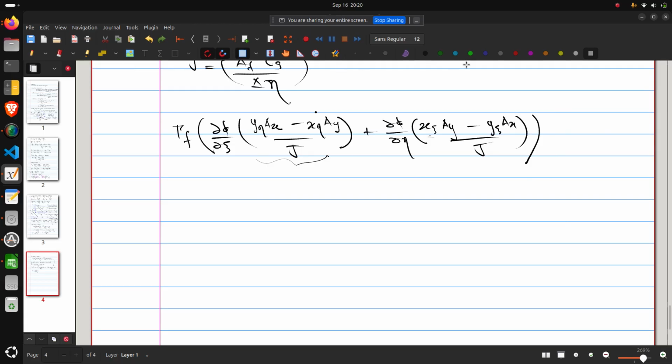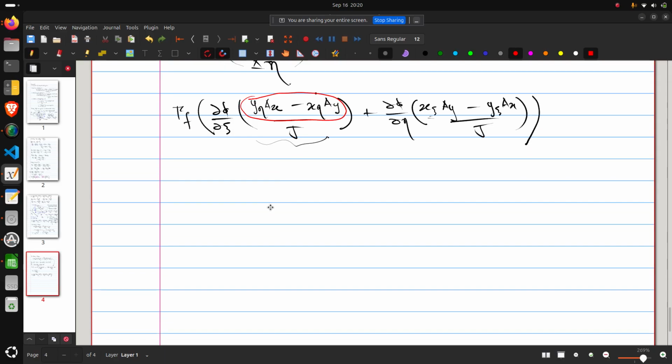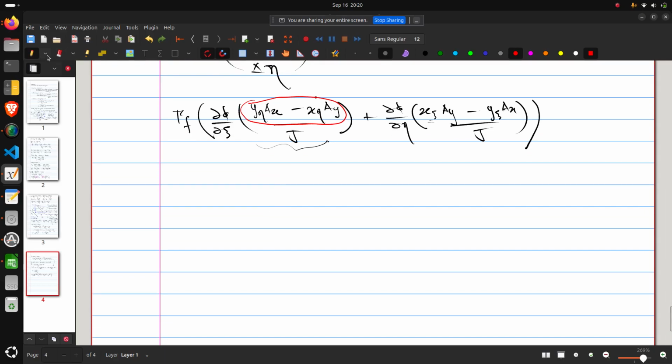Okay, so now what we will do is that we will look at this term. So what does this term actually do? So y eta, what is y eta?